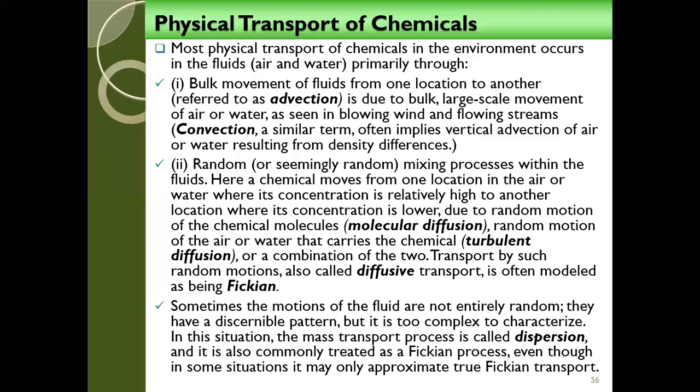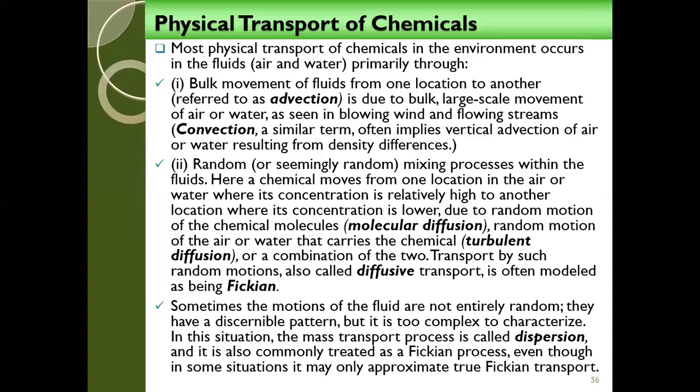Right. So most physical transport of chemicals in the environment occurs in the fluids. Okay, it's just telling you how these chemicals are transported. It can happen through water, can happen through air. These are the basic or primary routes through which these chemicals are transported in the environment.